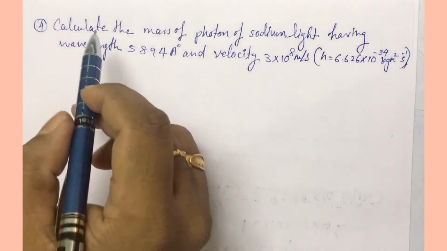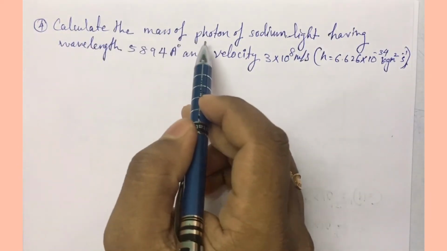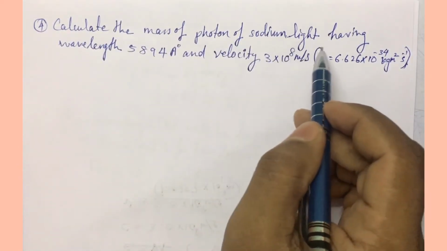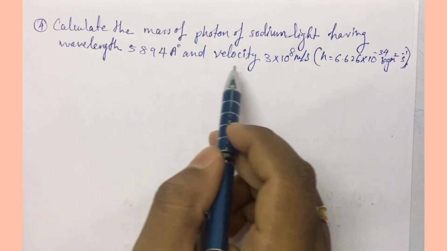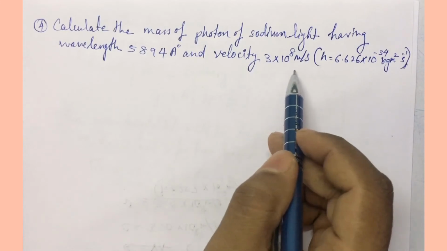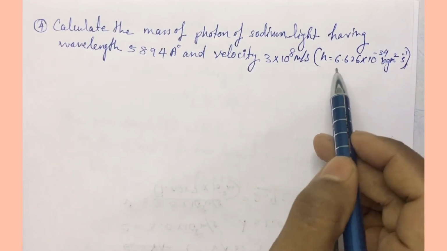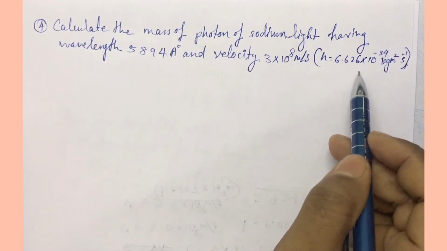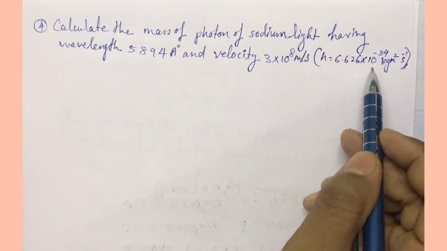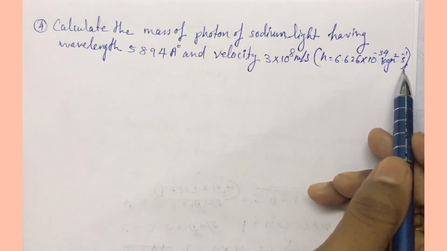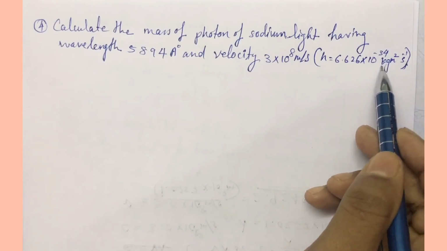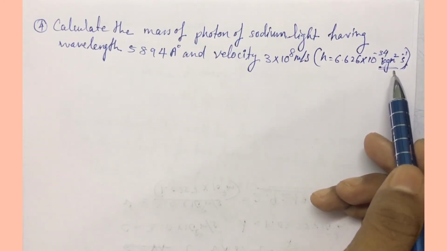So students, let me repeat the question. Calculate the mass of photon of sodium light having a wavelength 5894 angstrom and velocity 3 into 10 raised to 8 meter per second. Here Planck's constant is given as 6.626 into 10 raised to minus 34 kilogram meter square second inverse. For numerical calculations, you may use this unit only.